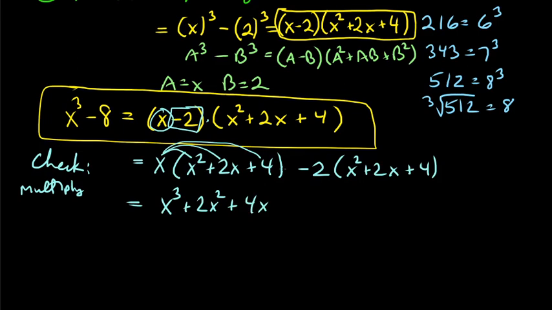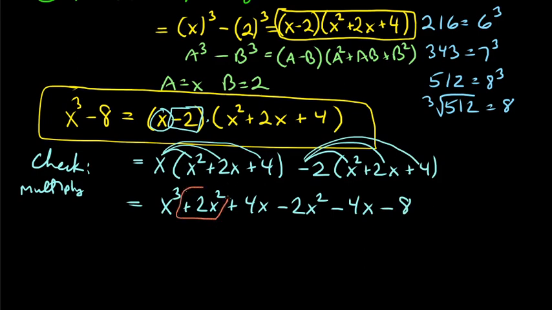Okay, so far so good. We're halfway done. Now the negative 2 times x squared is negative 2x squared. Negative 2 times 2x is negative 4x. And then negative 2 times 4 is just negative 8. All right. Well, there's a lot of simplifying to do here.